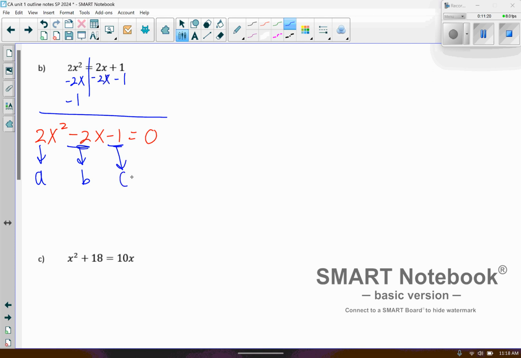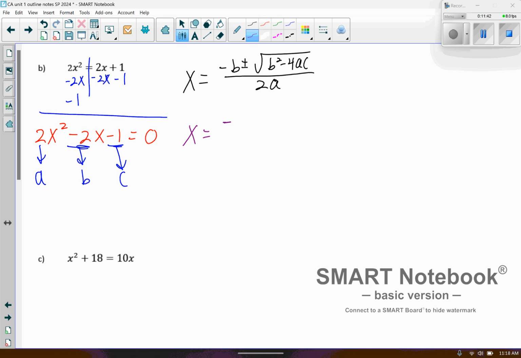So identify those. And then once again, I'll go ahead and write the quadratic formula down so we can see that. Negative B plus or minus the square root of B squared minus 4AC, all divided by 2A. All right, now let's place things where they belong.